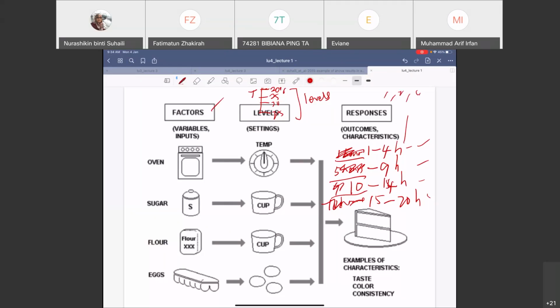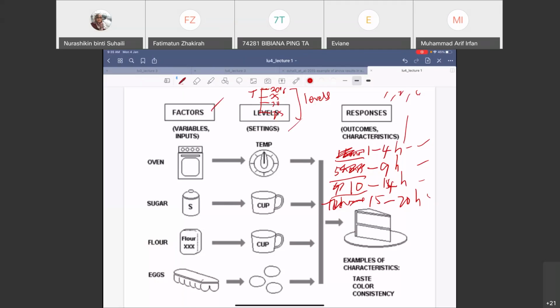So you have to organize your data according to the levels. That is the difference between an experiment that has levels or not. It's much better to have the levels so that you can see the trend easily, and it's easier for you to analyze later. So that is levels.